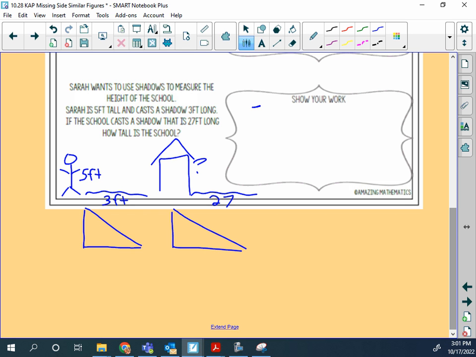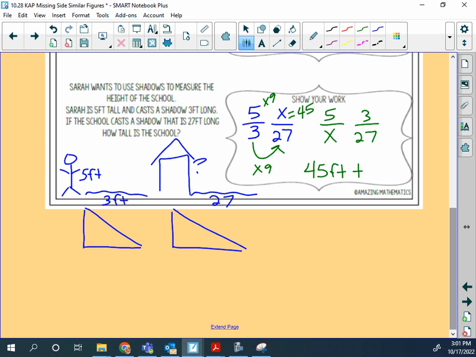So 5 and 3, x, and 27. Or 5 goes with x, and 3 goes with 27. Doesn't matter which one. So this would be times 9, which is 45. So the question says, how tall is the school? 45 feet tall.